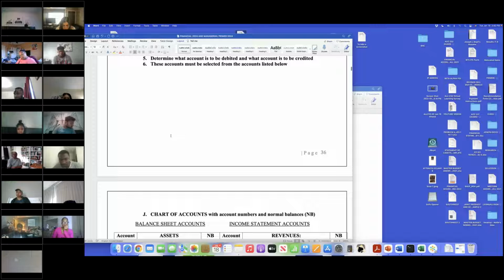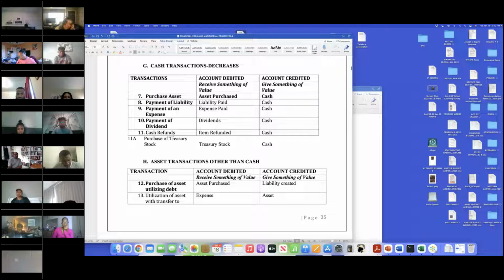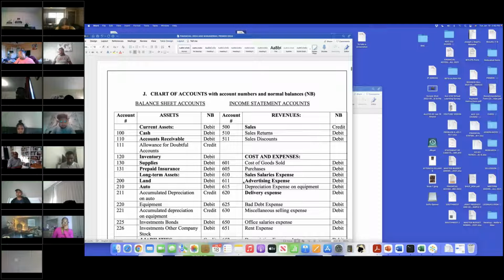We purchased something, but we didn't pay cash. It's going to be a 12. Purchase an asset utilizing debt. So it's supplies again. Well, we look in this chart of accounts, and that's going to be accounts payable 301.